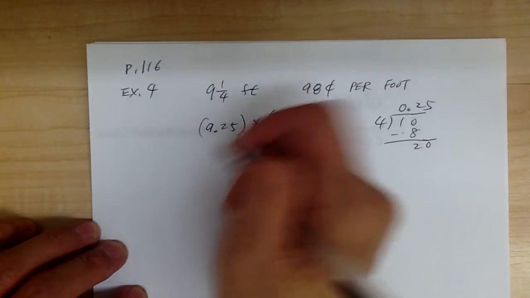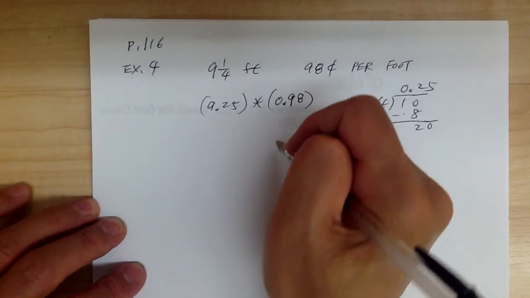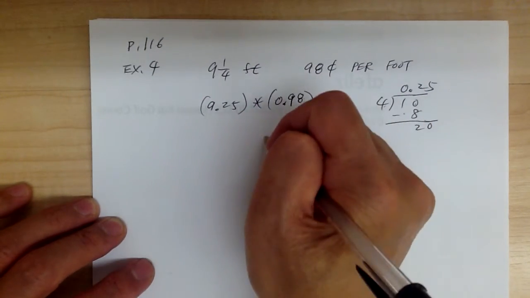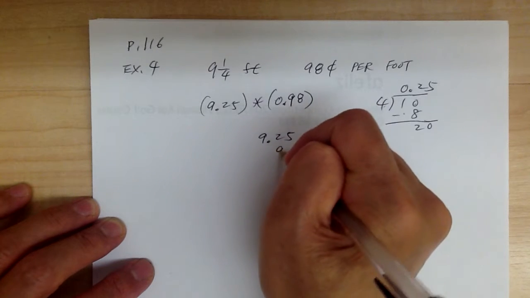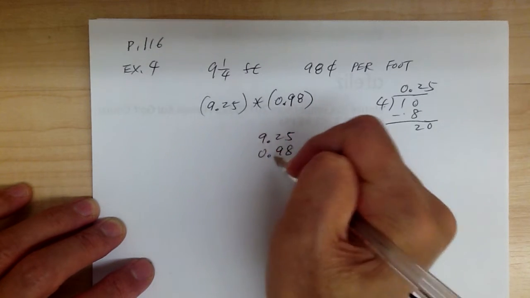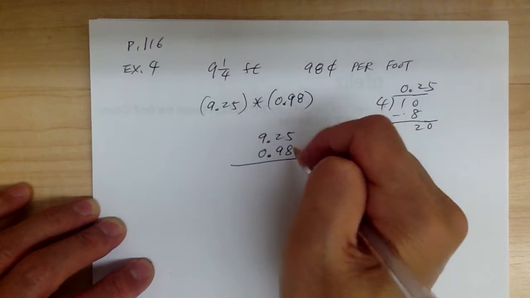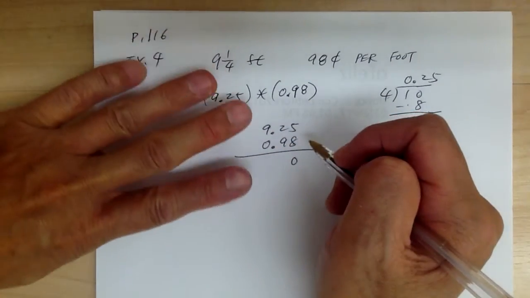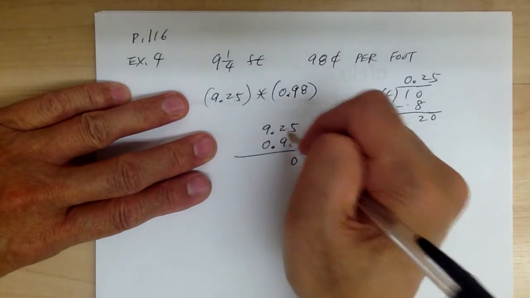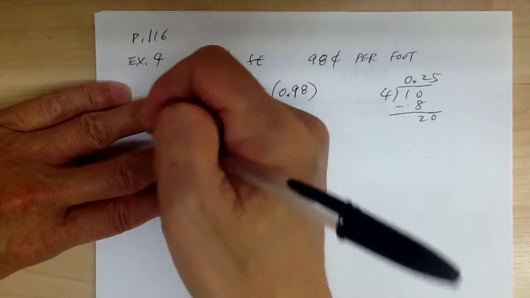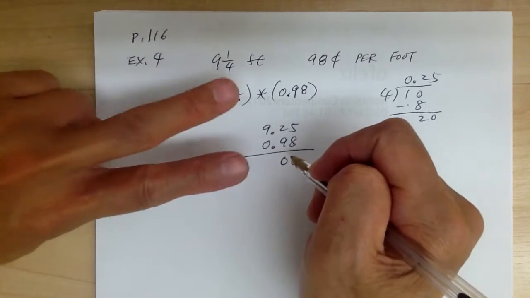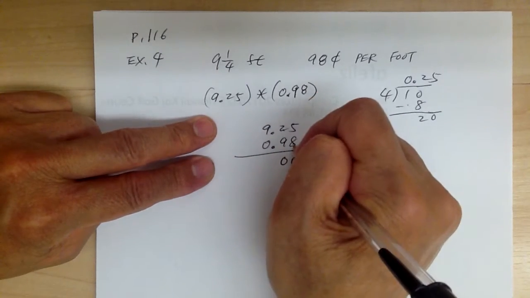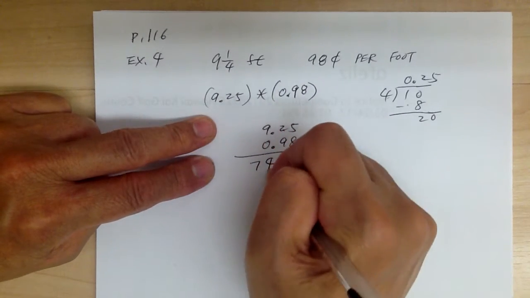Okay, so now I'm going to just multiply these. And so I got 9.25 times 0.98. So 5 times 8 is 40, right? 0, carry 4, right? You can use your finger. So 2 times 8 is 16, plus 4 is 20, so write 0, carry 2. 8 times 9 is 72, plus 2 gives you 74.